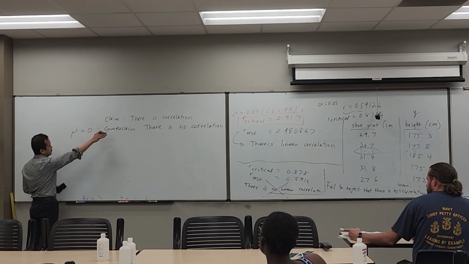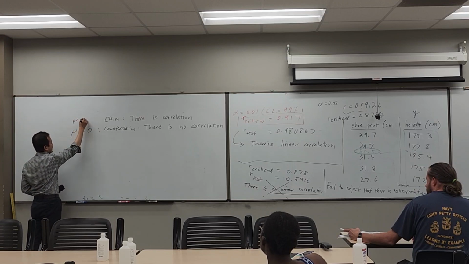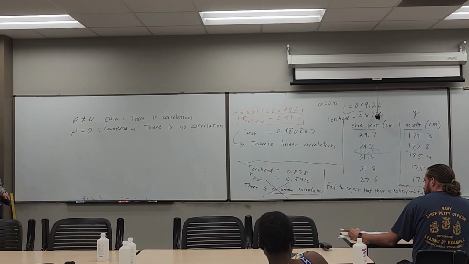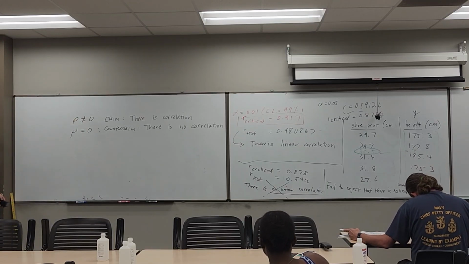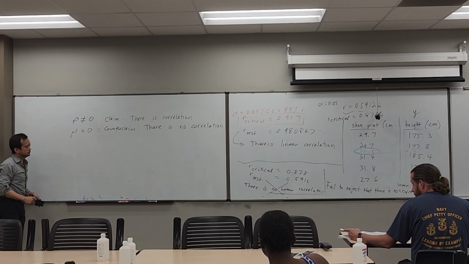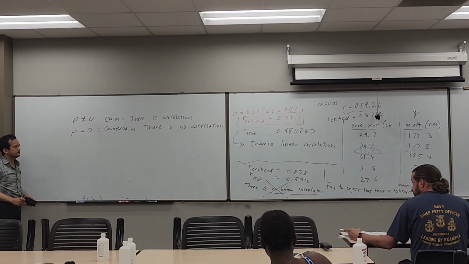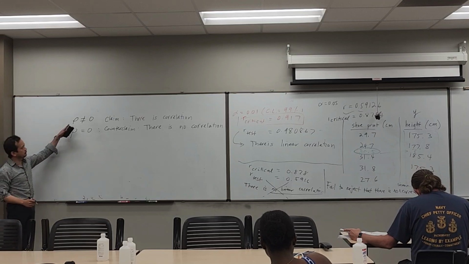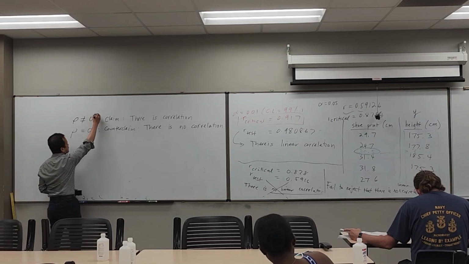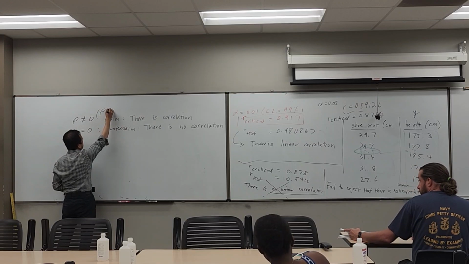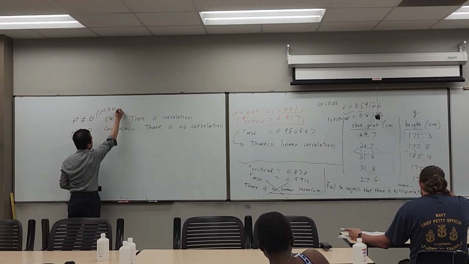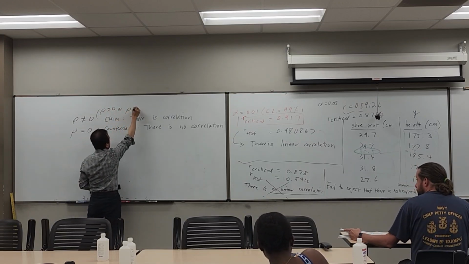So we're going to say that correlation means that rho is not 0. Rho not equal to 0 is the same way of saying that either rho is greater than 0 or rho is less than 0.